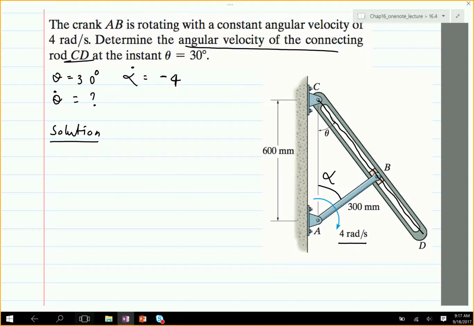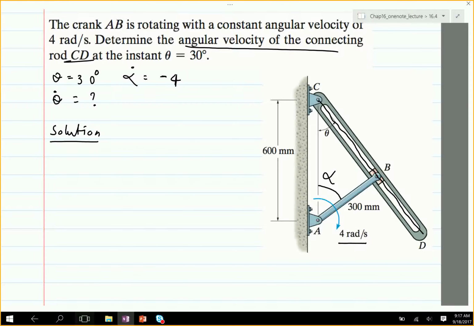So my goal is to find a relation between theta and things which I know, which are the sides 600 and 300 and perhaps 4. Once I find an expression for theta as a function of alpha, and alpha dot is known, then I can take the derivative of that expression to find what theta dot is.